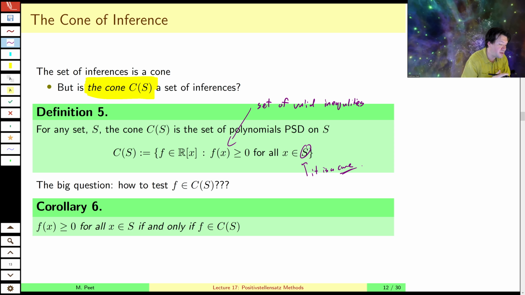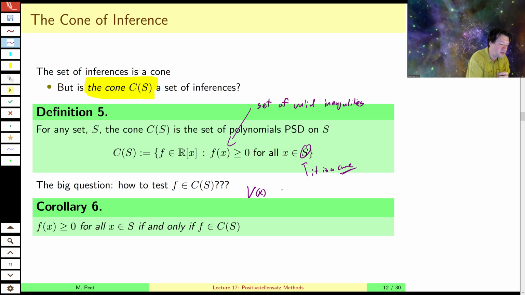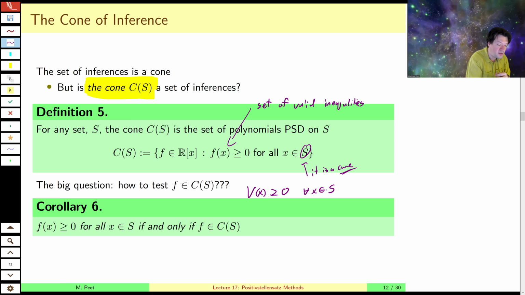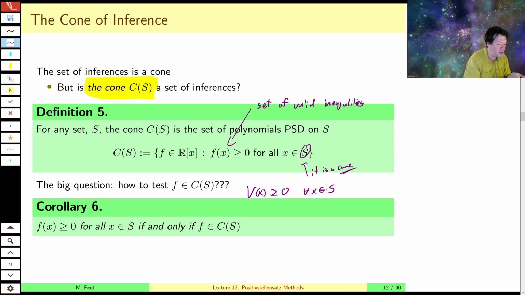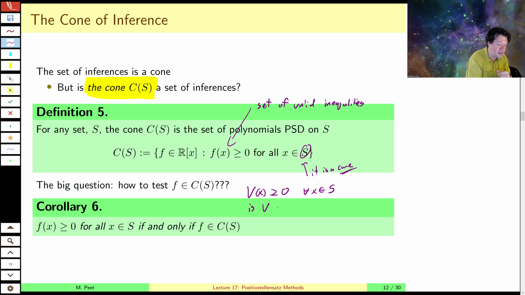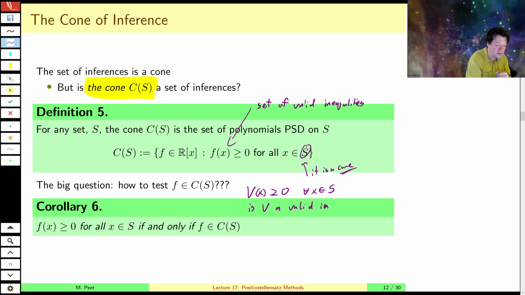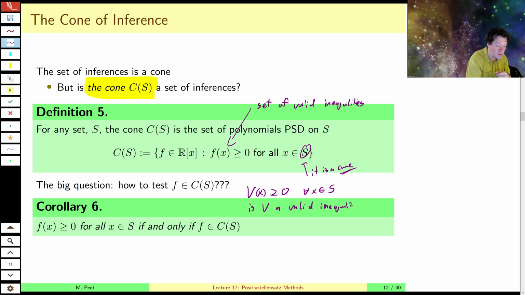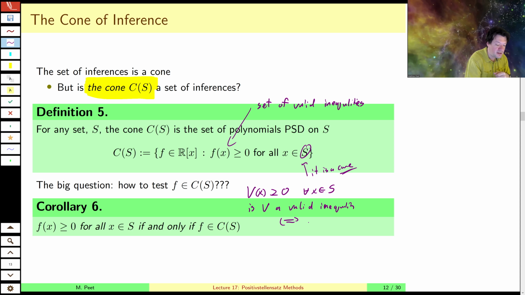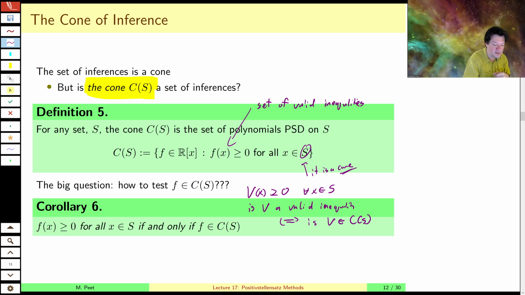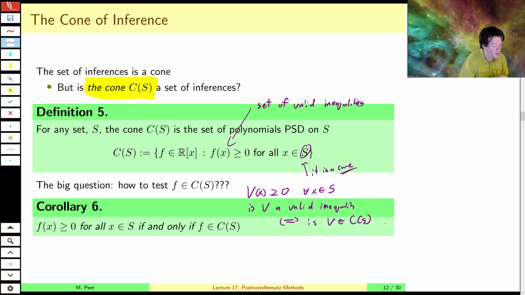And so when we're talking about positivity of a Lyapunov function on a set, right, we're really asking the question, is V a valid inequality, which is equivalent to, is V in the set of valid inequalities, right?